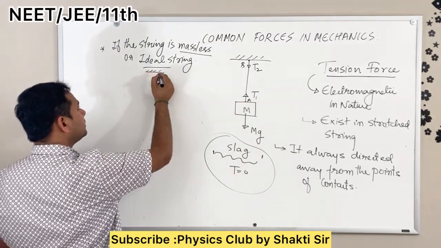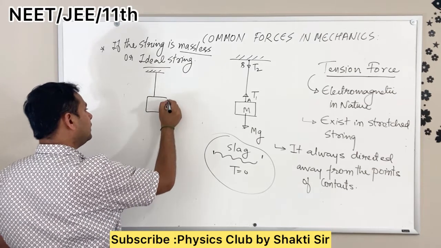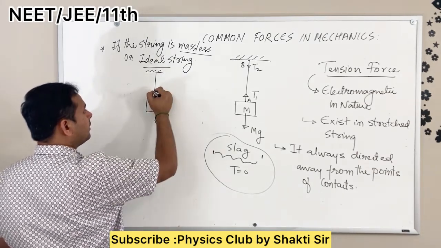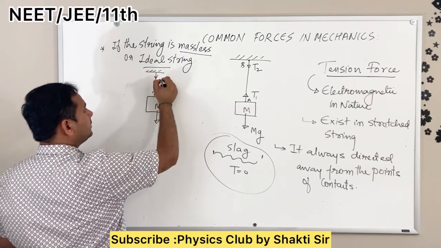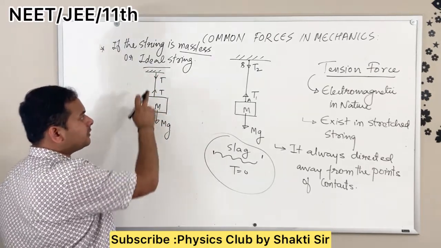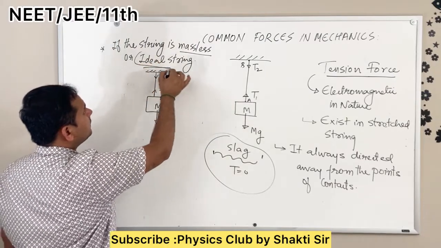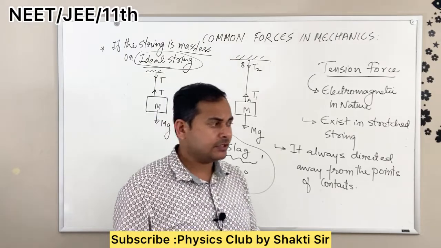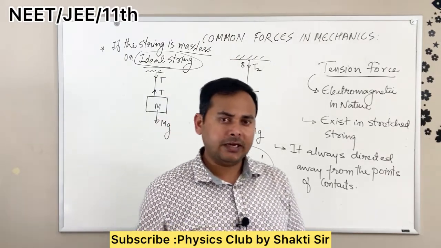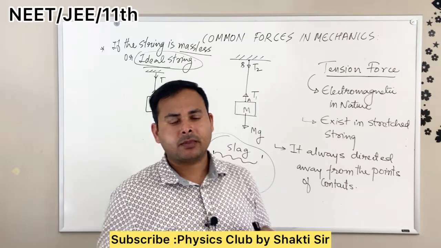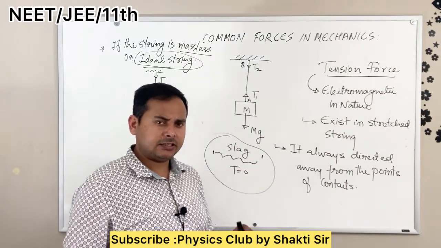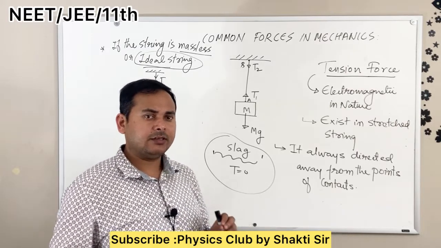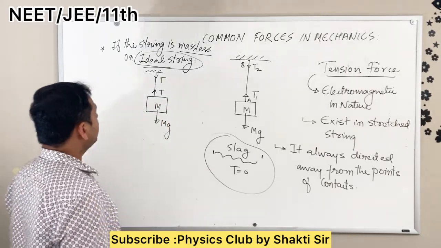In such situations, if I draw the diagram, M, downward force mg, tension remains the same if it is given that the string is ideal. And in most cases, if it is not given what the nature of the string is, we by default consider it as a massless string. But generally it is given in the numerical that the string has some mass or it is massless.